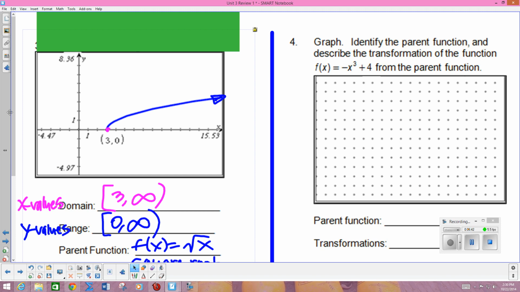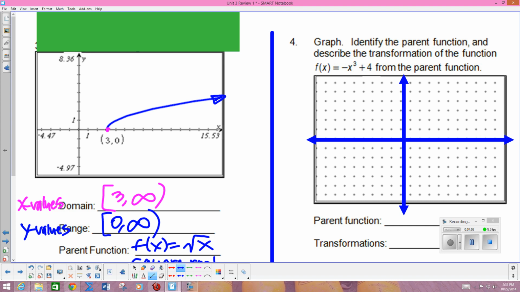Over here on the next one, I'm asking you to graph the parent function. And so what you have is a grid here that you can graph it on. So I'm just going to put in some lines really quick. So I have a grid, and that's going to help me to label it.